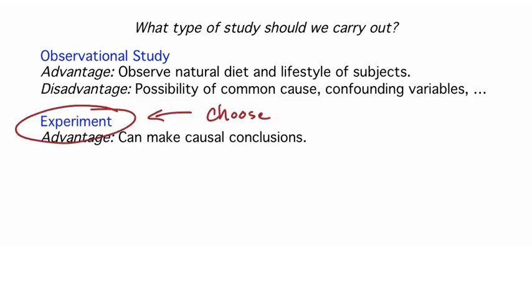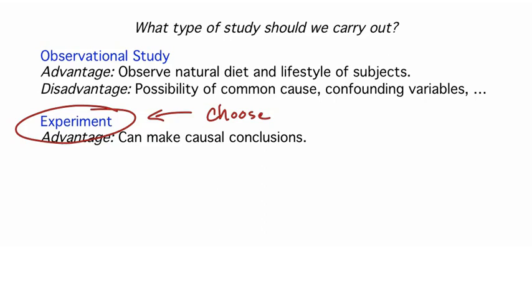Recall that the key feature of an experiment is that treatments are imposed on our experimental units. Since our experimental units are people, they first need to give informed consent and agree to follow the diet they are asked to. In the CCD study, subjects were provided with some key foods, which were some carbohydrate-rich foods that they were to eat with each meal, and they met with a dietitian who advised them on how to incorporate these foods into their diet in a manner to avoid weight gain.